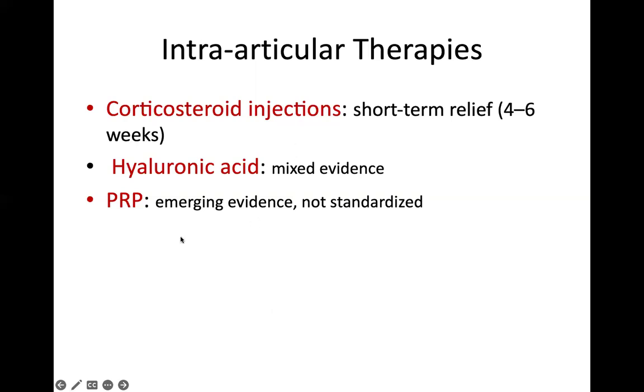You are right. For me, I don't like to inject corticosteroid in patients with multiple medical comorbidities. Although there is no clear contraindication for corticosteroid injection, because even intra-articular is not considered a systemic treatment, if you're not comfortable, you can offer hyaluronic acid because it's safer and has less side effects. But in advanced osteoarthritis, most likely it will not help. It helps in early stages and in younger patients.